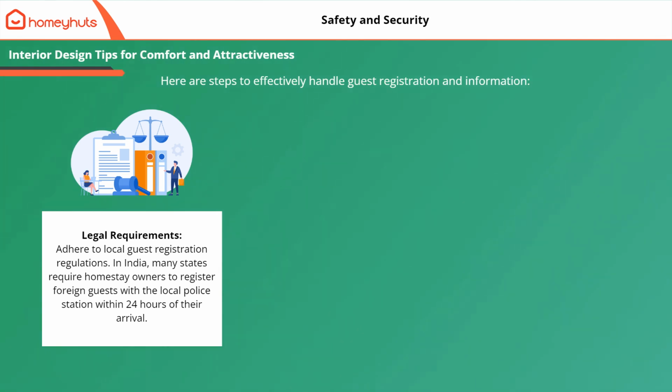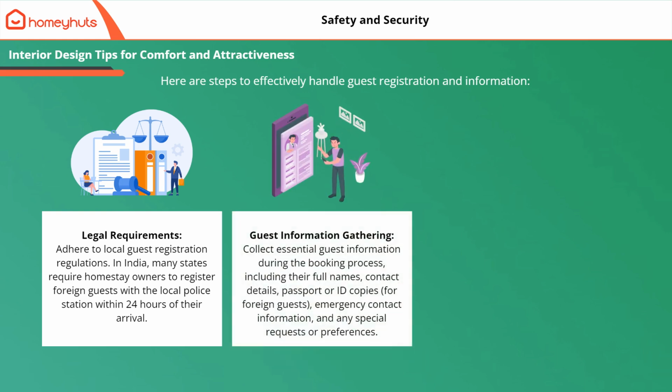Hosts should consult with local authorities, tourism offices, or legal professionals to ensure compliance with guest registration regulations and other relevant laws governing accommodation services. Additionally, staying informed about updates or changes to regulations is important to maintain legal compliance and provide a positive experience for guests.